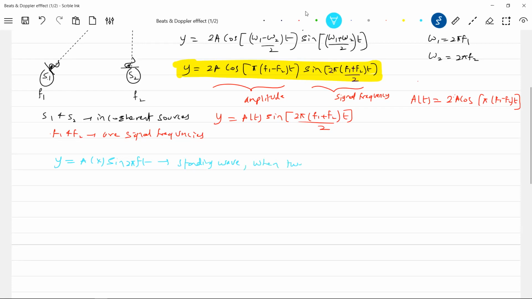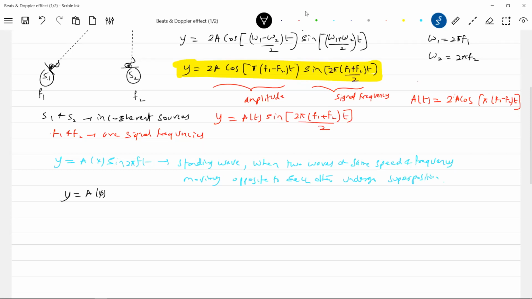When two waves of same speed and frequency moving opposite to each other undergo superposition.